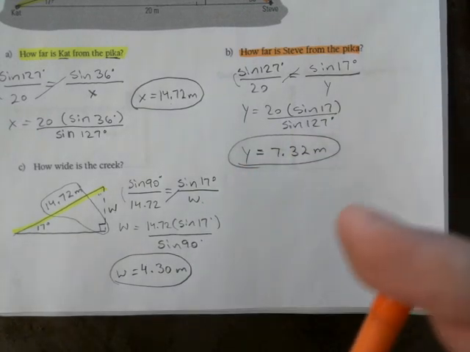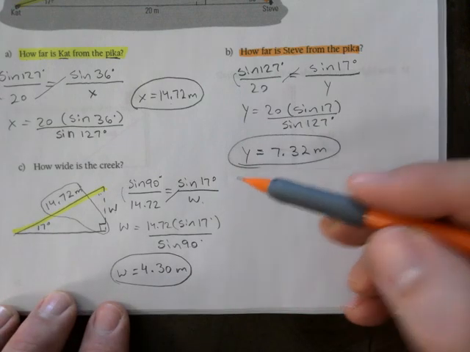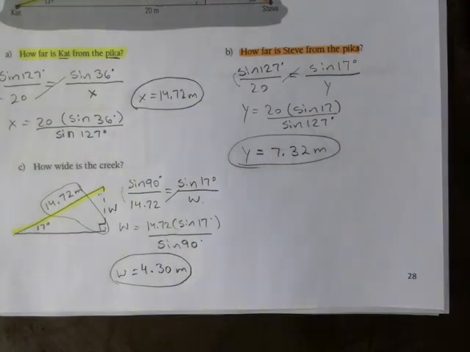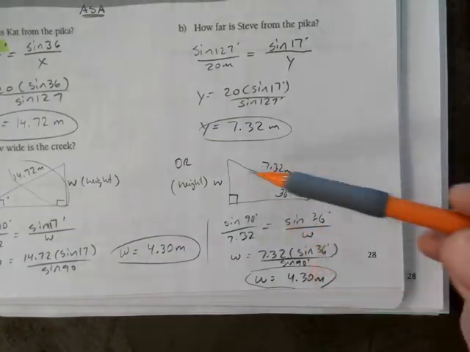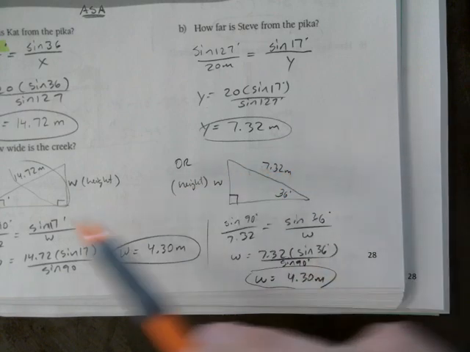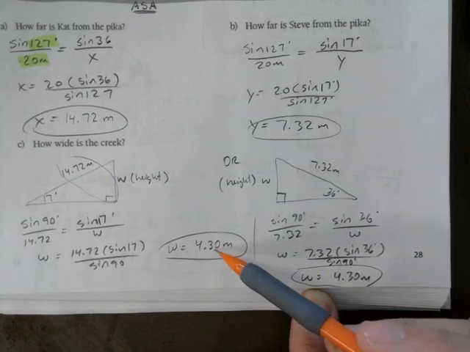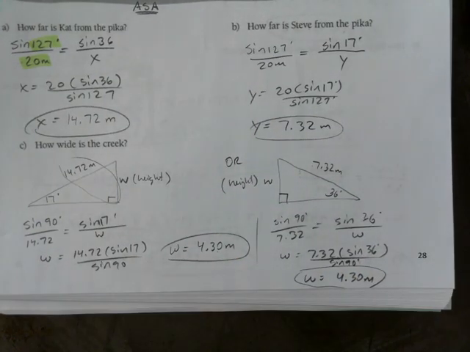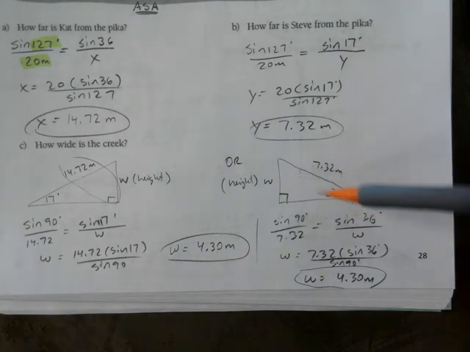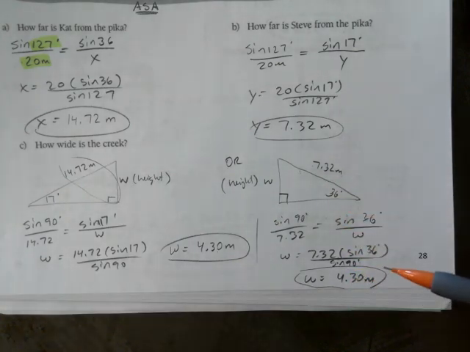I don't want to do it right now because I feel like it's going to take up too much time. But if you look at my key here, I'm just going to show you. I use the other side. Cut, right? I have them side by side. And you notice that you get 4.30 no matter how you do it, right? So it should work out like that. So if you had used the other side instead, why is that important to know?